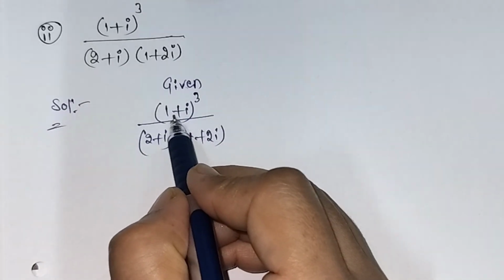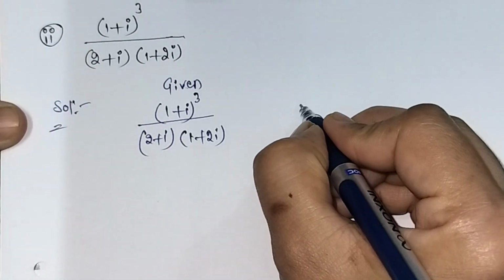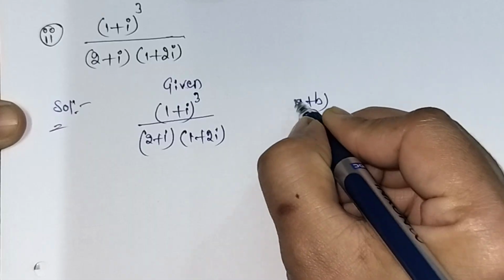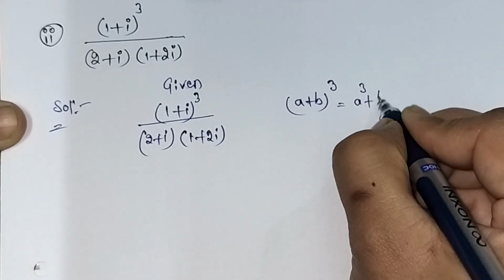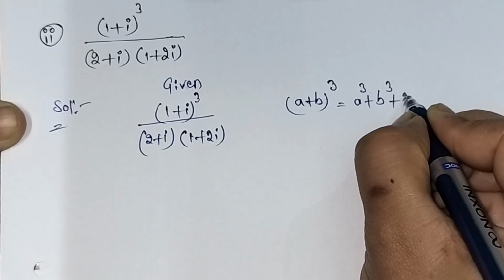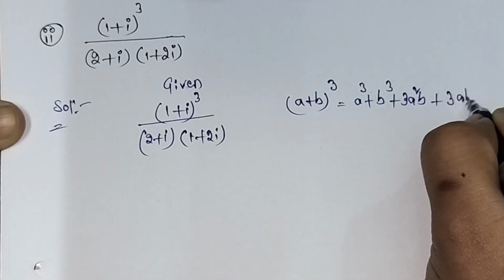This is in the form a plus b whole cube. What is the a plus b whole cube formula? a plus b whole cube is a cube plus b cube plus 3a square b plus 3ab square.